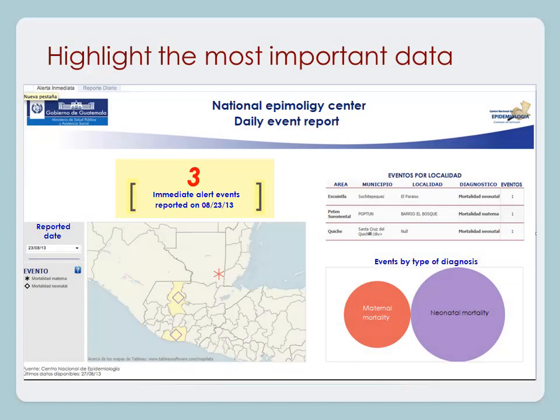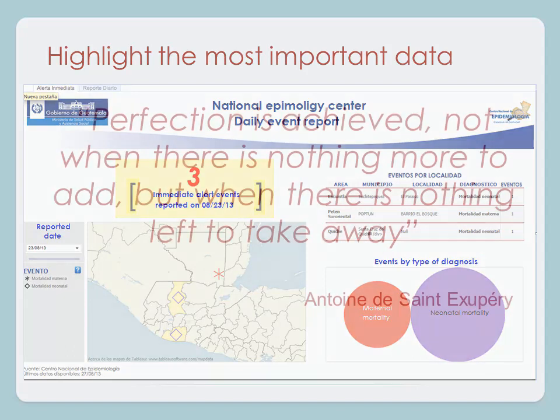Then the user's view browses over the rest of the dashboard, but the first stop is always here. And here it is decided whether we are going to see the table, the location, or the types of cases.